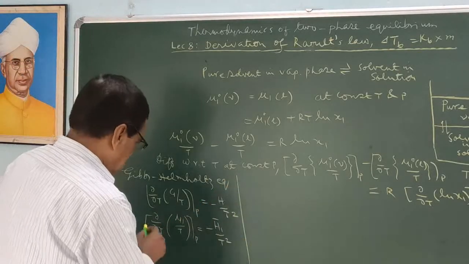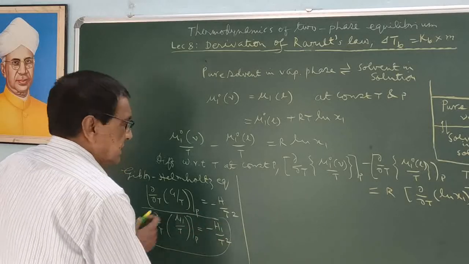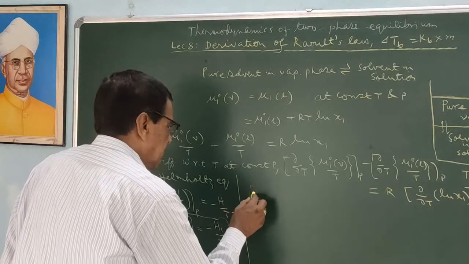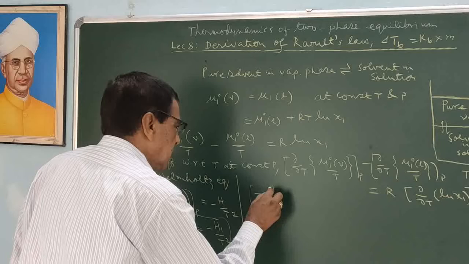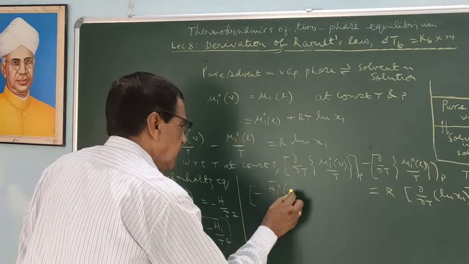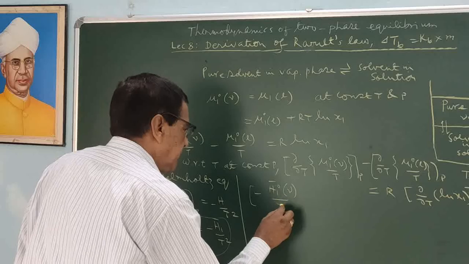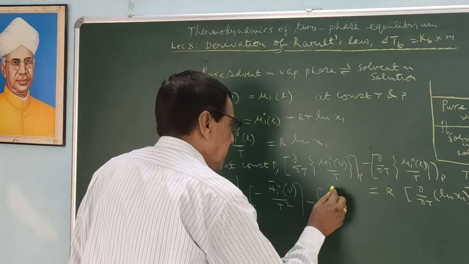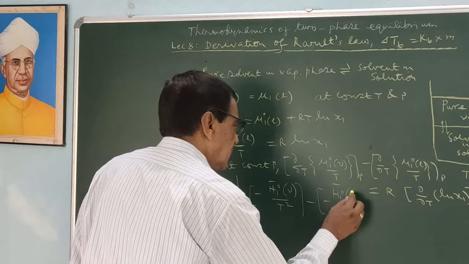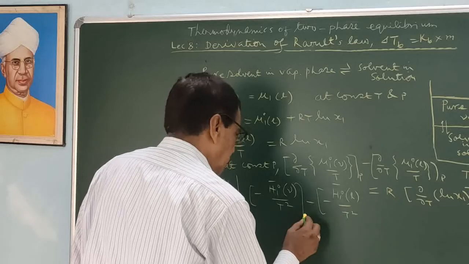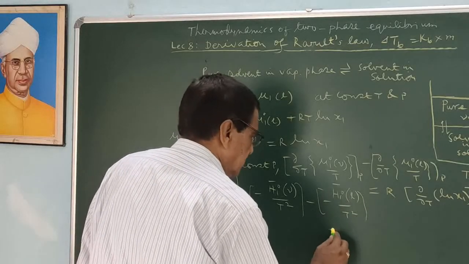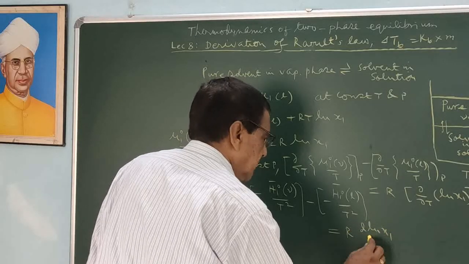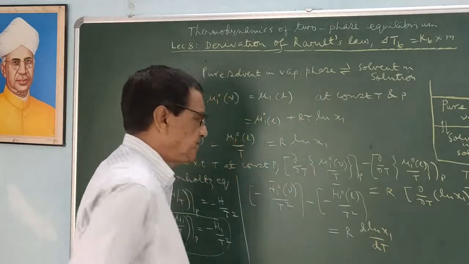When we apply this relation to this equation, we have minus H1 naught bar V by T square, minus H1 naught bar L by T square, and this is equal to R d ln x1 by dT.